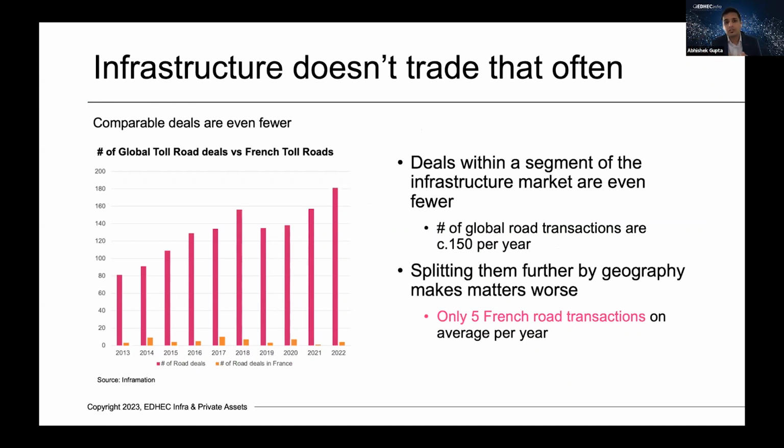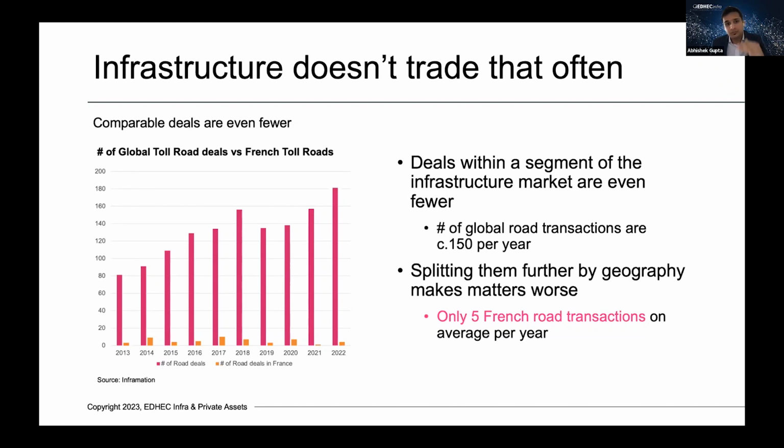But as soon as you start to get granular, here I'm looking at the comparable deals in global toll roads and French toll roads in the chart over the past 10 years. Your number of transactions reduce even further. When you had 2,000-something transactions in global infrastructure, if you just look at toll roads, you have about 150 transactions per year.